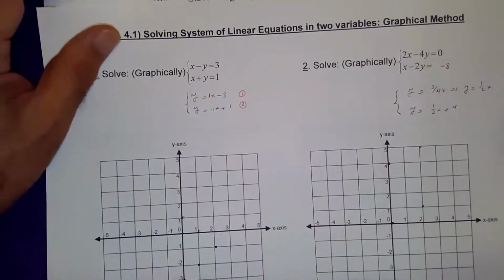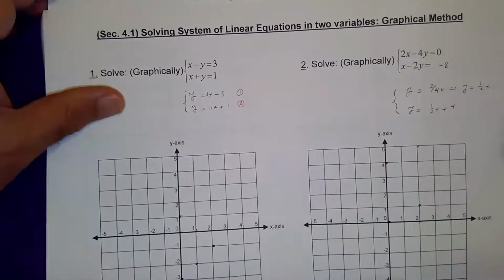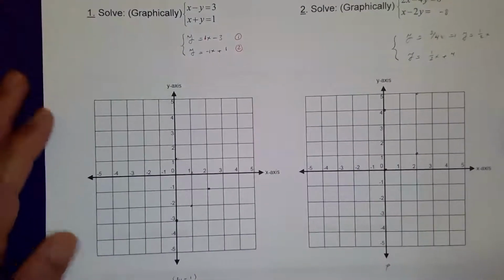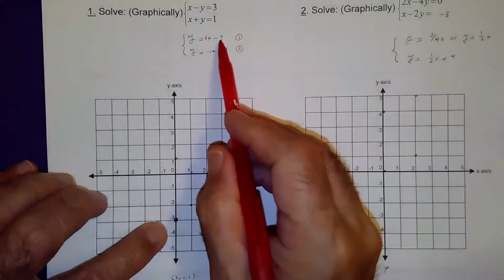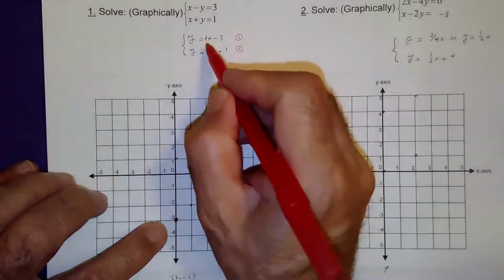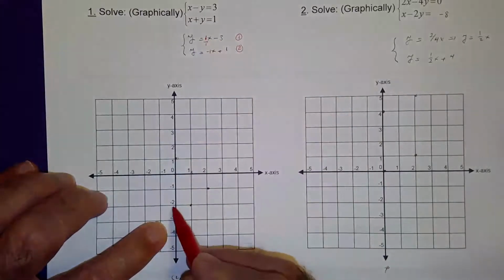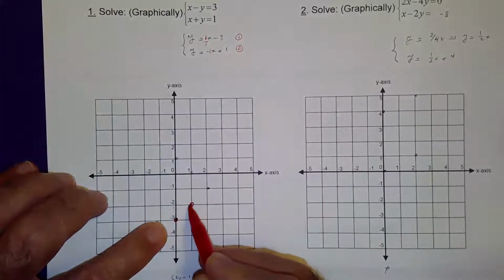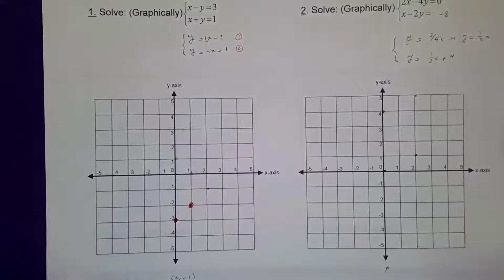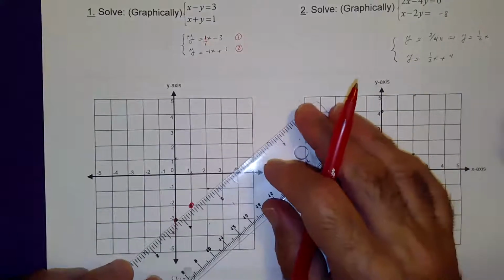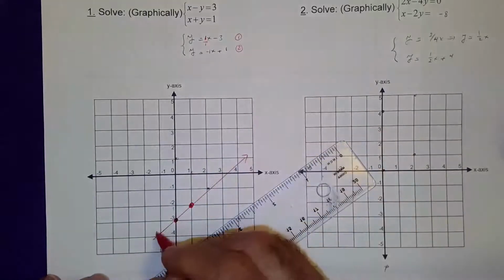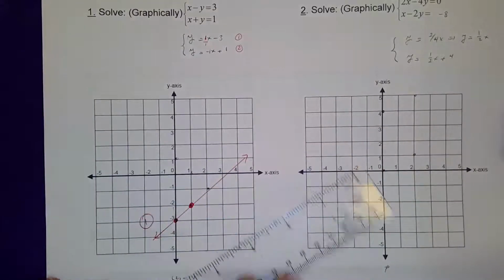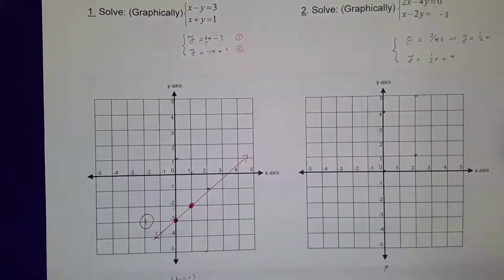So let's graph these and see how the lines look. I'm going to start at -3, which is the y-intercept, but the slope is 1 over 1, so I'm going to go up 1 over 1. Then I graph this line here. That would be the picture of equation number 1.